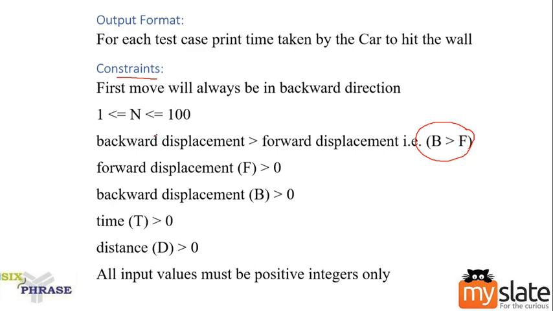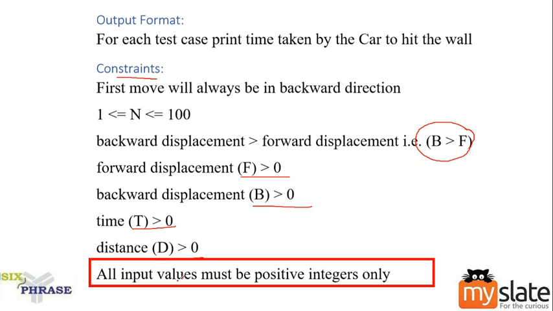Also, forward displacement F is greater than 0, backward displacement B is greater than 0, time T is greater than 0, distance D is greater than 0, which means all values are positive integers only. When they give you the input, you don't have to bother about negative values because they have clearly said all input values will be positive integers only.